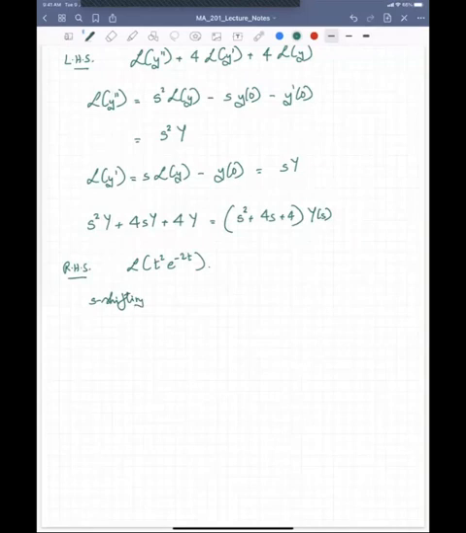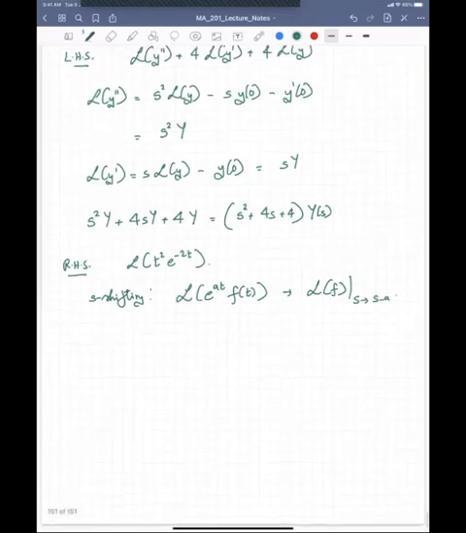S-shifting simply tells you that if you know the Laplace transform of a function, then the Laplace transform of e to the at times the function is basically the Laplace transform of the function f with s replaced by s minus a. Okay, so this is the first shifting theorem.